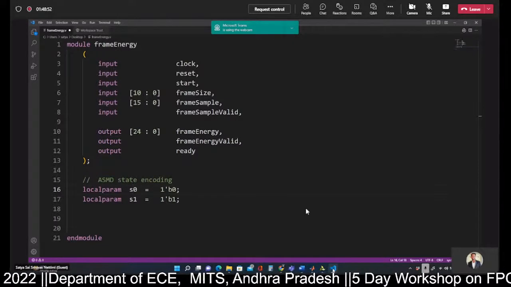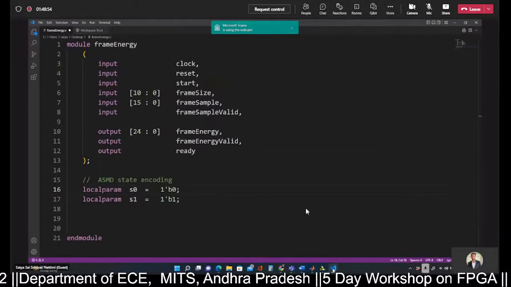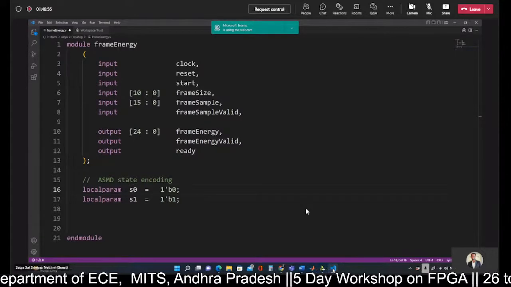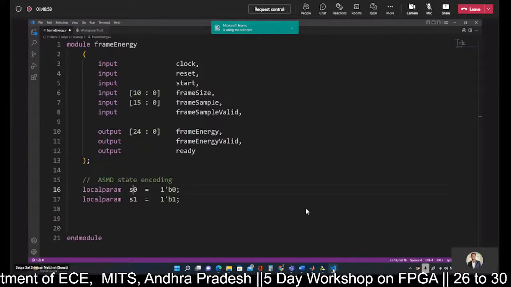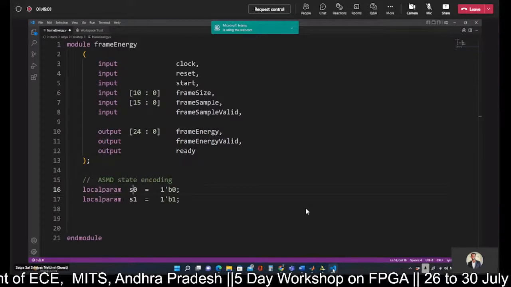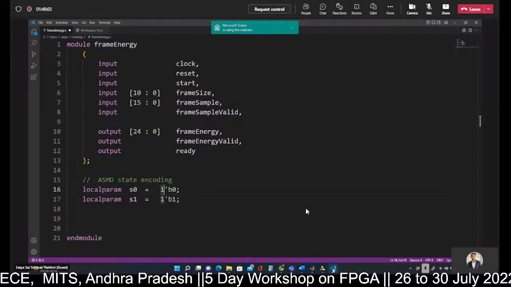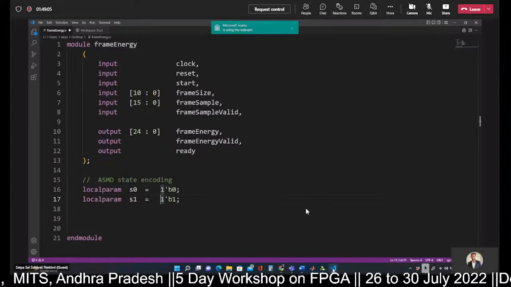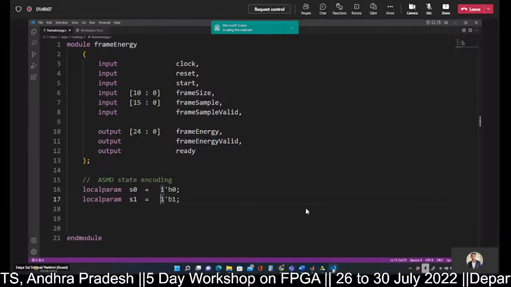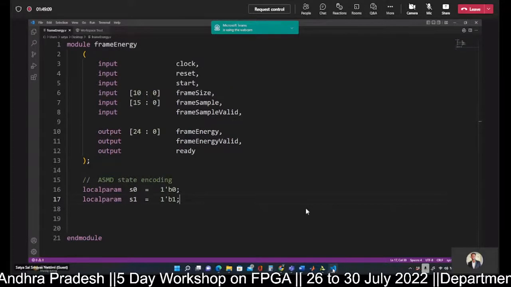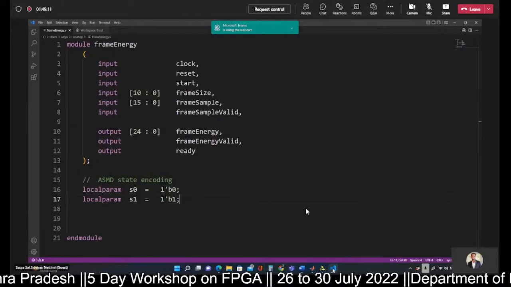If you have more than four states, maybe up to 8 states, you require 3 bits to represent each state. So since I'm having only 2 states, I'm representing with 1 bit. Bit 0 means state 0, bit 1 means state 1.